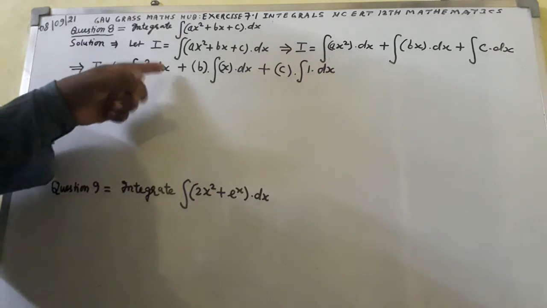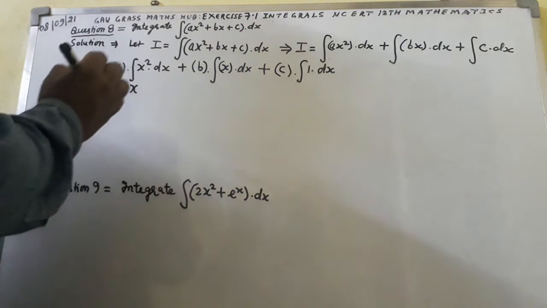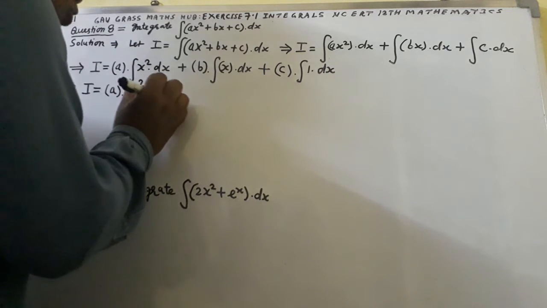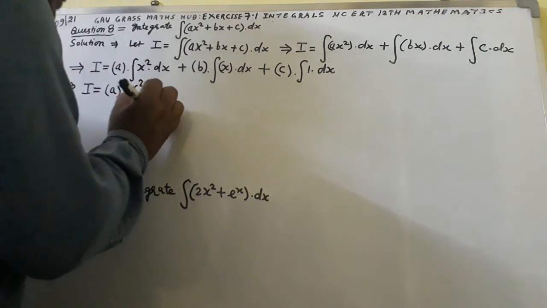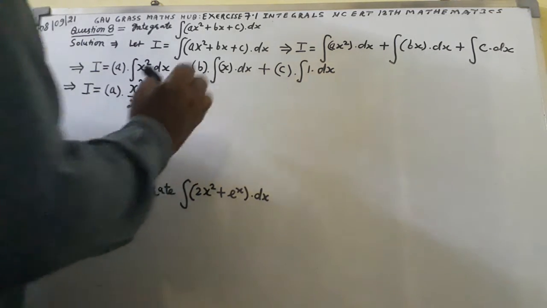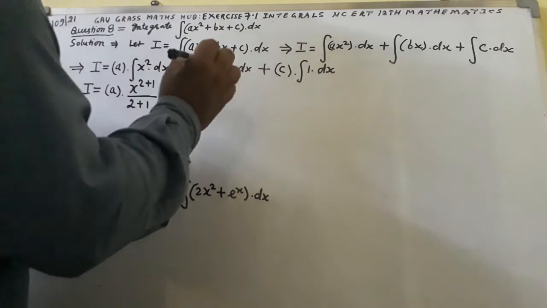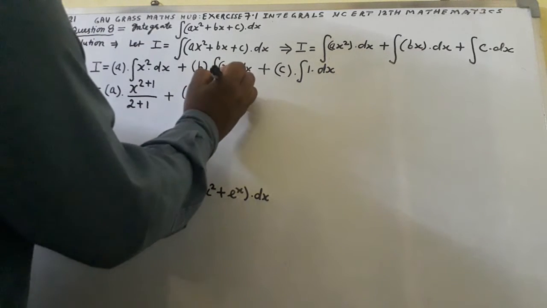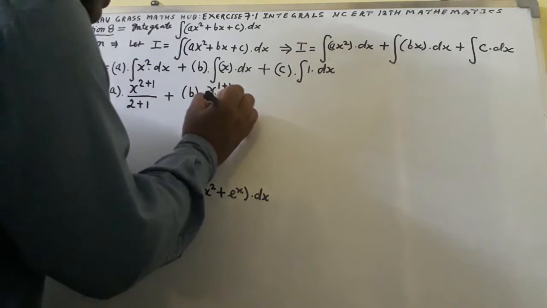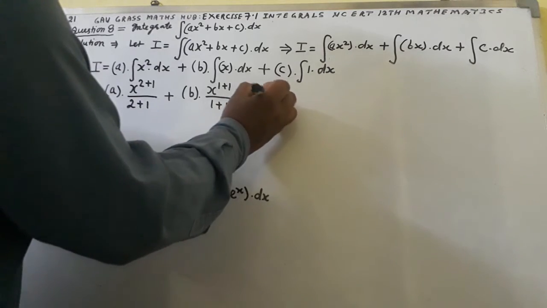Integral x square dx comes out to be x raised to the power 2 plus 1 whole over 2 plus 1, plus I shall write here b, integral x dx, I shall write x raised to the power 1 plus 1 whole over 1 plus 1, plus c.